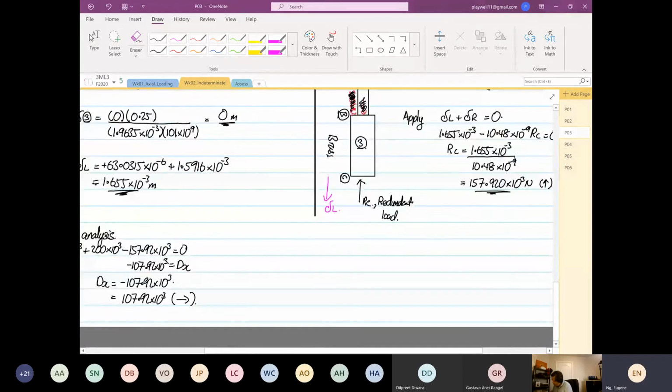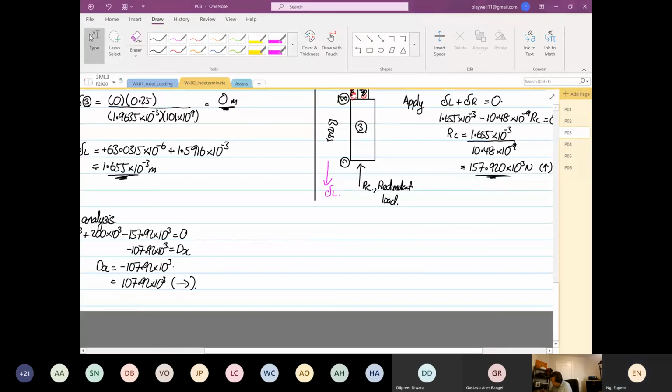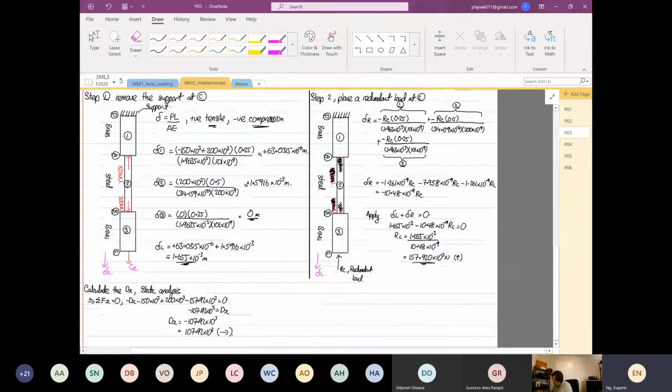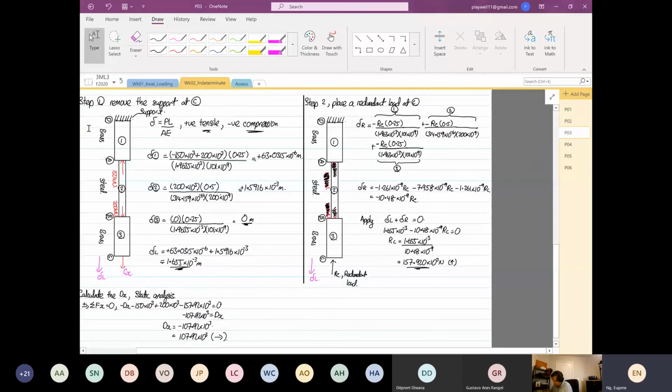So let's look at section number 1. Now we are going to find the stresses. What I'm going to do is copy this whole diagram again.